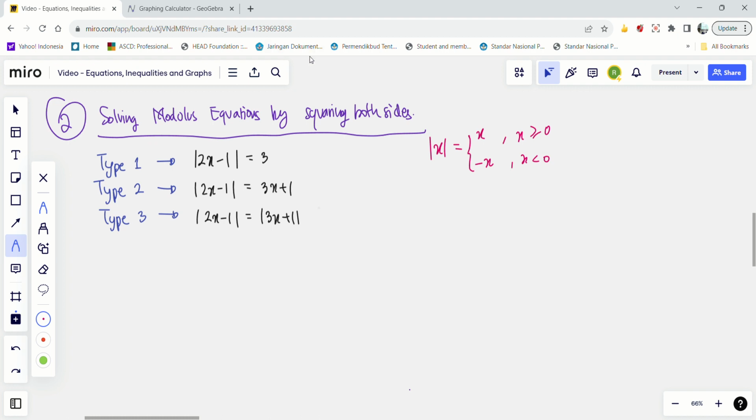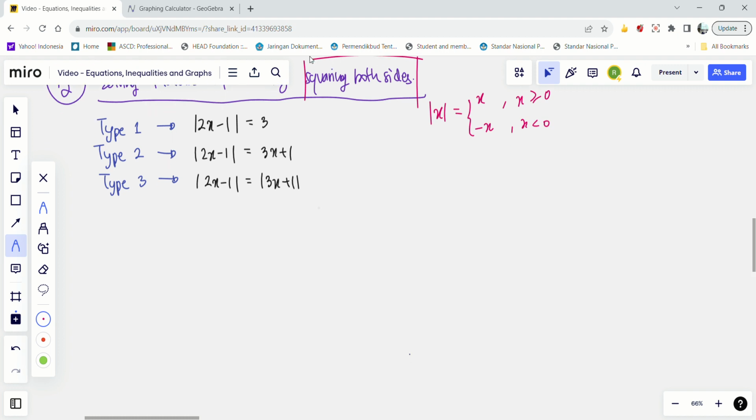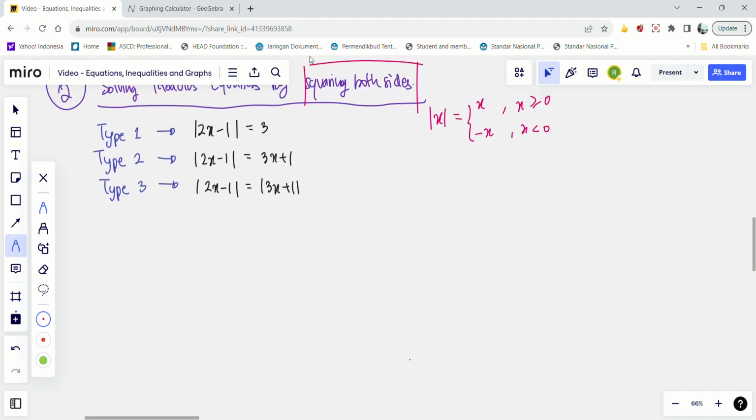So over here, what I will be talking about is how to solve the same modulus equation, exactly the same, but by using squaring both sides. As its name says, let's take the first one, modulus of 2x minus 1 equals 3. We have to square both sides. And remember, because this is squaring both sides, make sure that everything is squared.